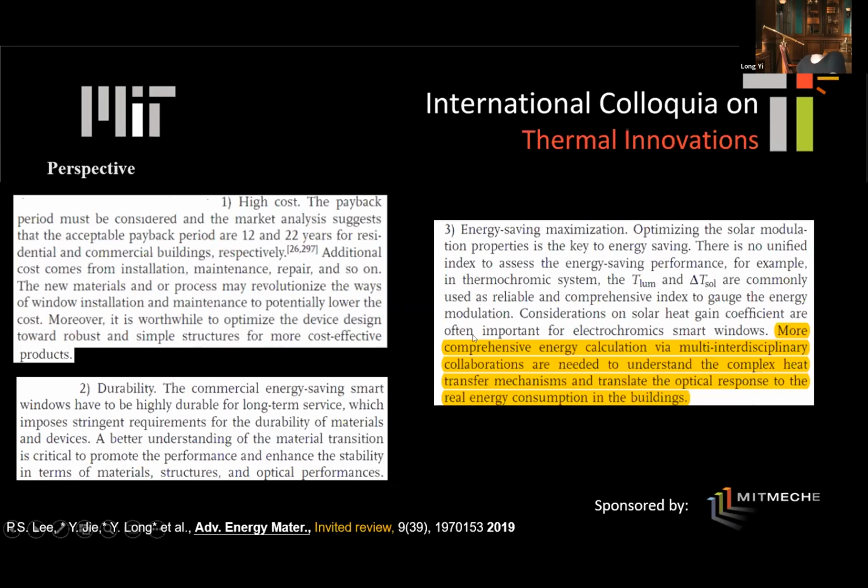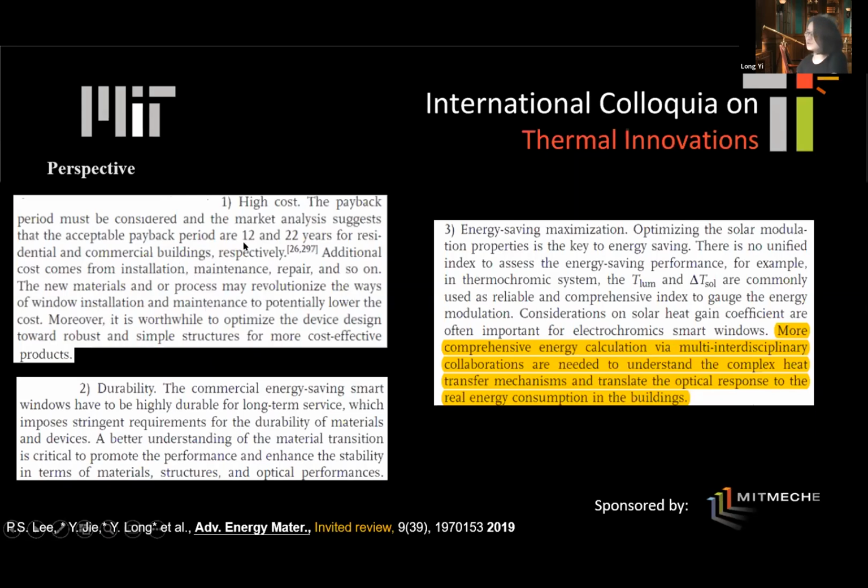It's weird; I don't know why my research community never thinks about heat. So that's why in this review paper I wrote a more comprehensive energy calculation, while multi-interdisciplinary collaboration is needed to understand the complex heat transfer. So we need the collaboration from all of you, from other fields, to make our research much more advanced.